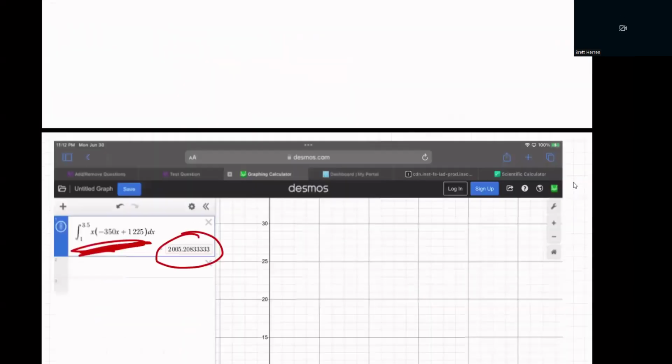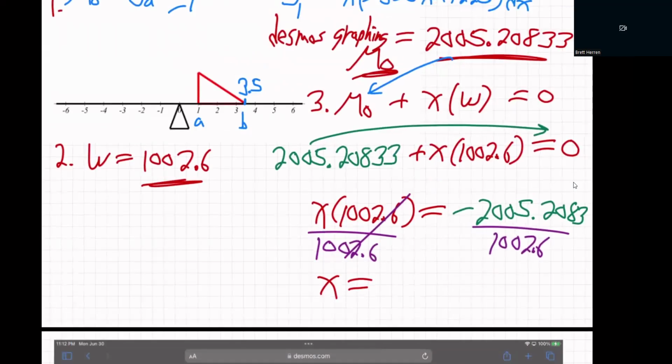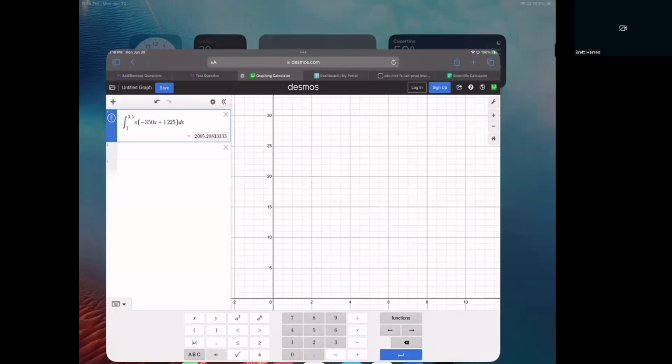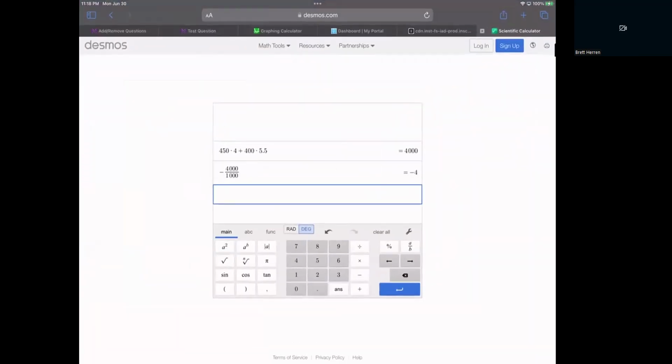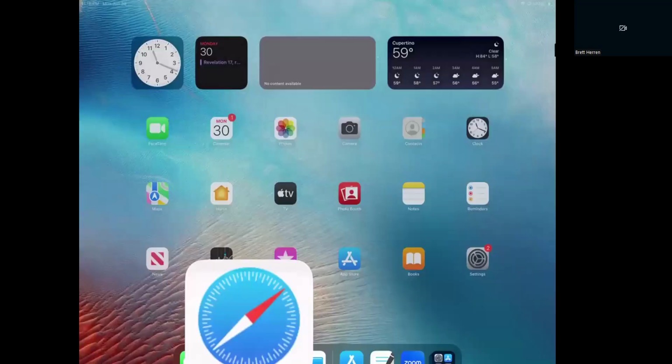Let me hit the buttons on the scientific calculator. Did I do that? I don't know if I did that. Let me see. Nope, I did not. Okay, so let me go back and do it again.